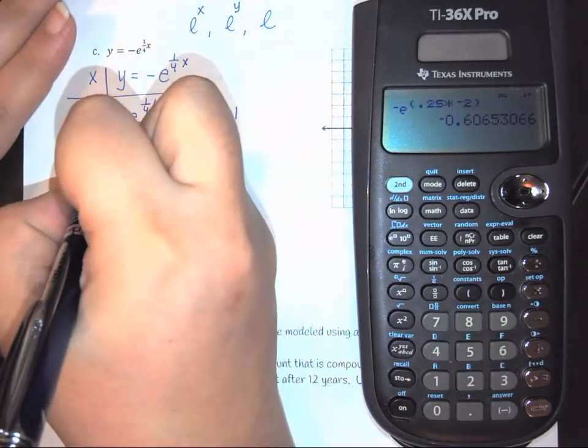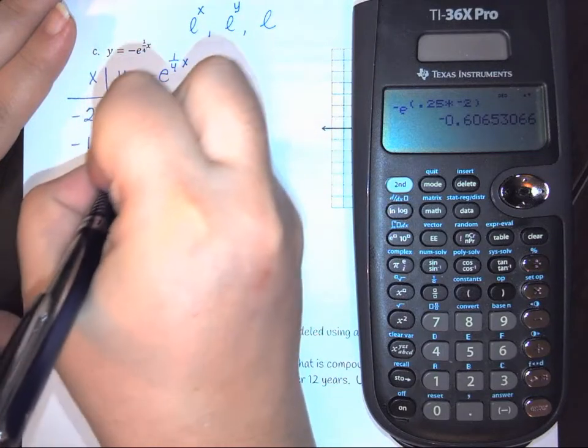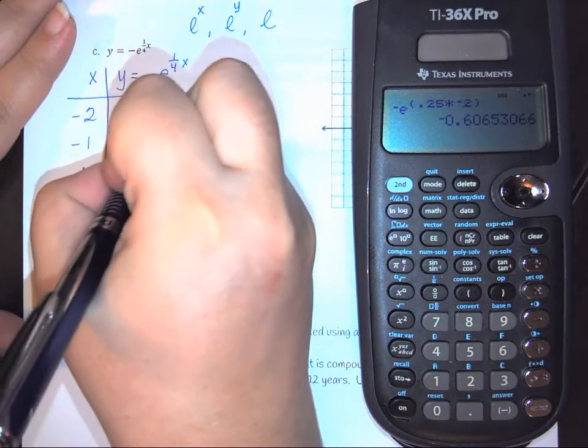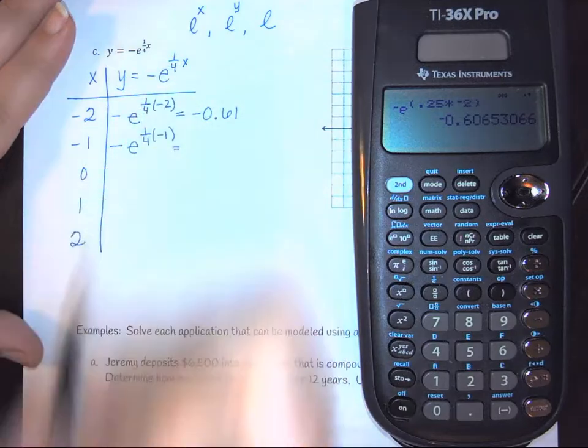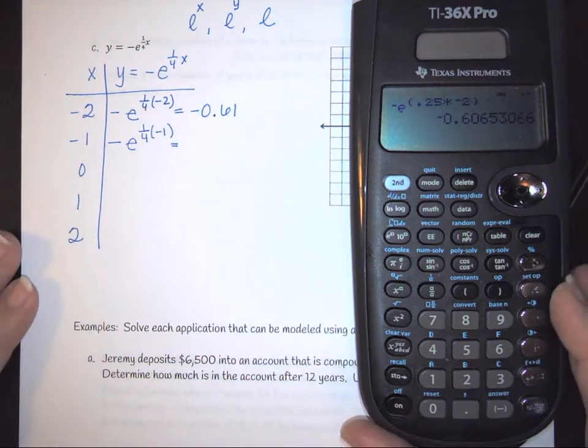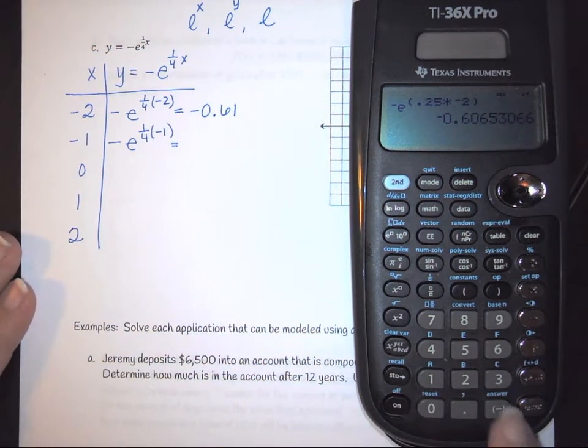So we have a negative e to the 1/4 times a -1. So again, we're going to come into the calculator. We're going to use the negative sign. We're going to hit the e button. We're going to open a parentheses.